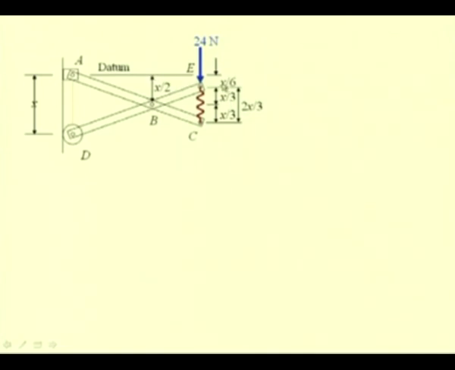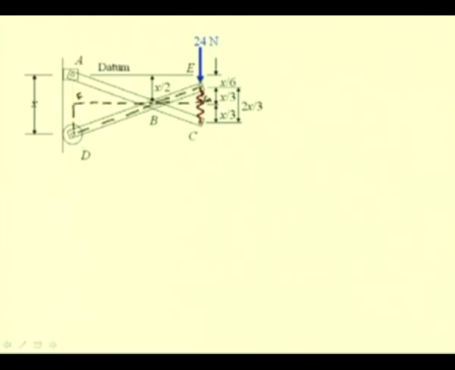and the position of E below datum is x by 6. This comes from the symmetric triangles.